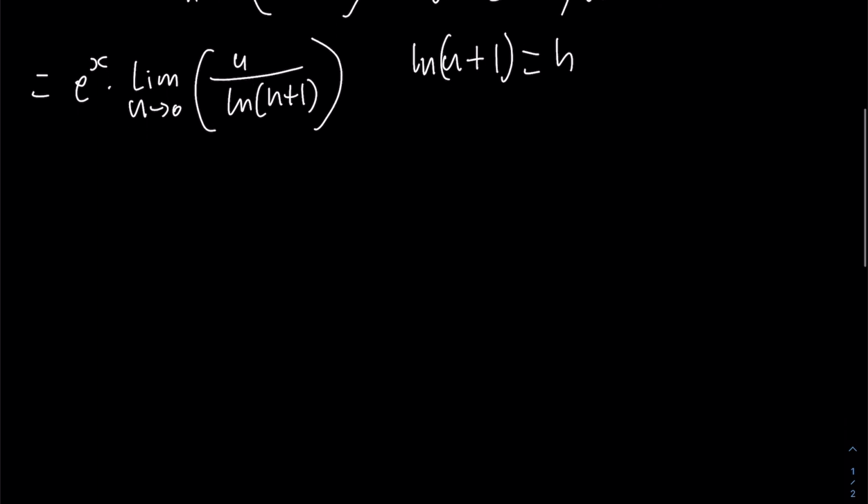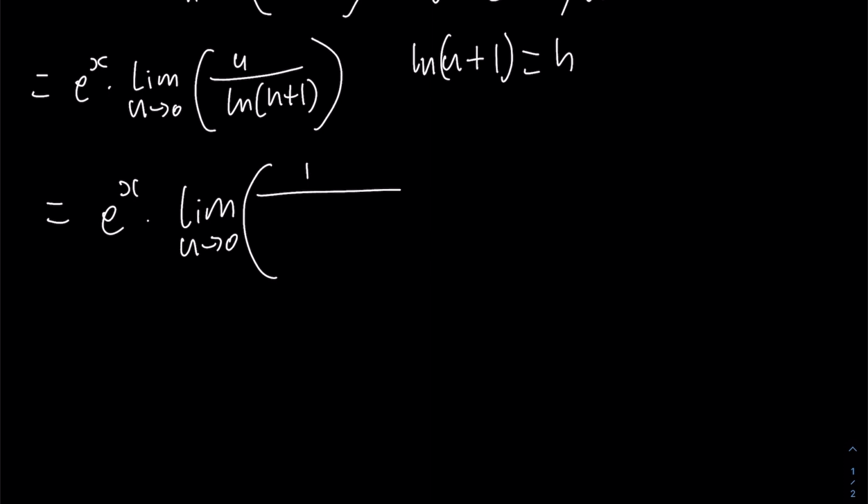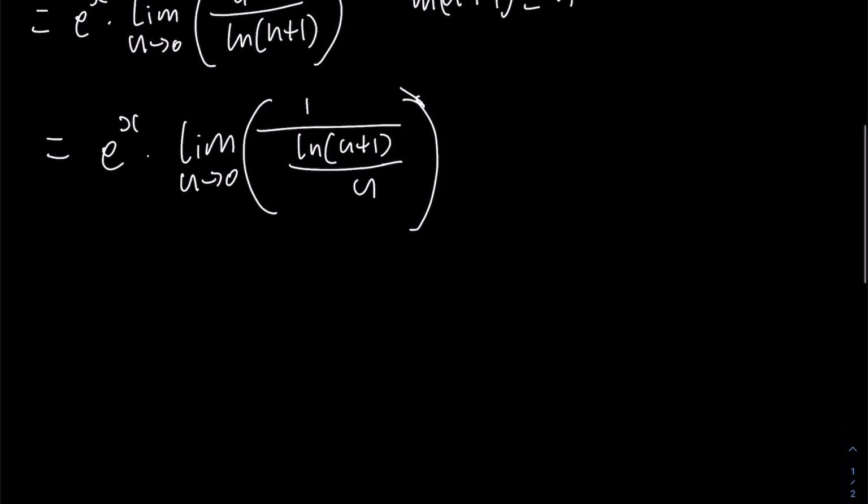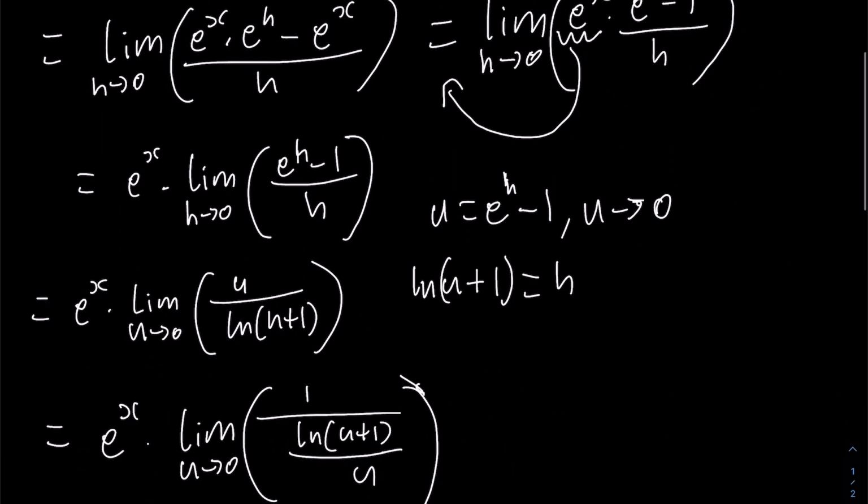So we'll use that key idea here, and we'll write this as e to the x multiplied by the limit as u goes to 0 of 1 over, and now we just flip the fraction, we have the natural log of u plus 1 over u. And we see that this indeed is the same thing. And of course, if we have some a over b, just a very small point here, we know that's 1 over b times a.